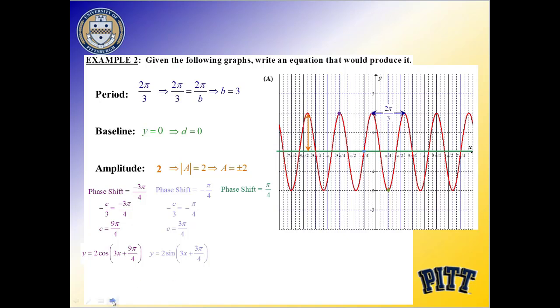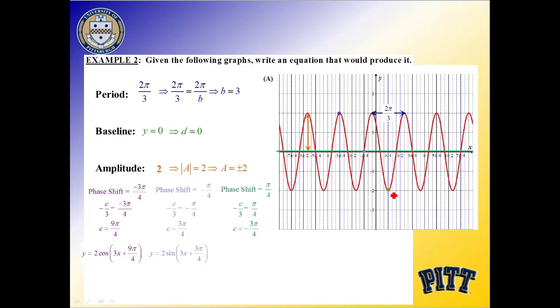Now again, if my phase shift is pi over 4, that means C is now going to be negative 3 pi over 4. So my C value has changed. Since I'm not starting on the baseline, I'm starting at an extreme point, which is what we call either a maximum or a minimum. I'm going to be following a cosine function, and cosine functions typically start at the highest point.